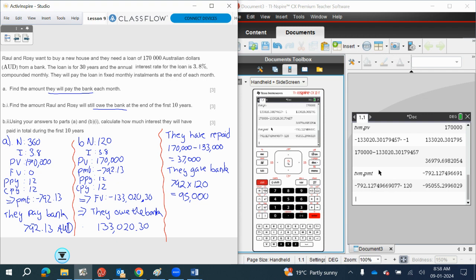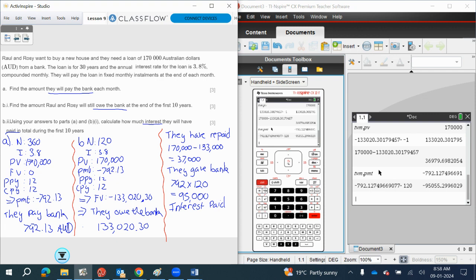Reading the question, using your answers, how much interest have they paid in the first 10 years? Subtract 37,000 and 95,000. So, how much interest paid? Use their words back. Interest paid. How do we calculate this one?